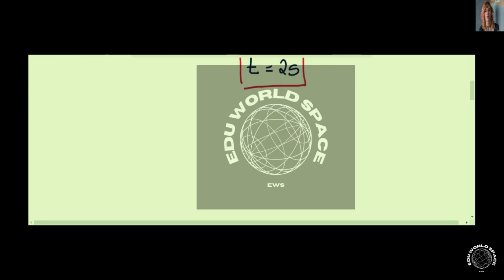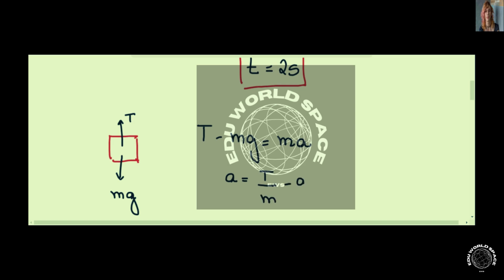After that, the forces on the block are just the tension and the gravitational force. So we have that T minus mg is equal to the mass of the block times the acceleration, meaning that the acceleration is T divided by m minus g.